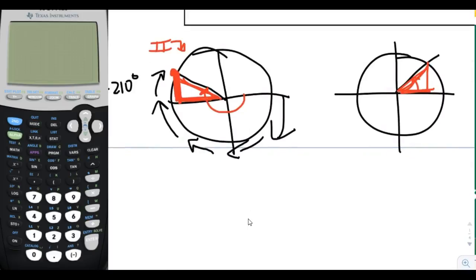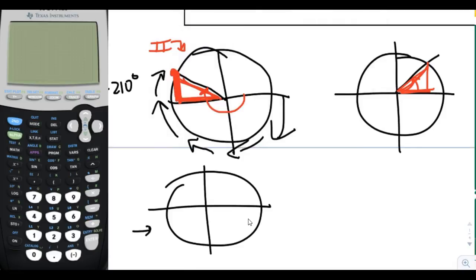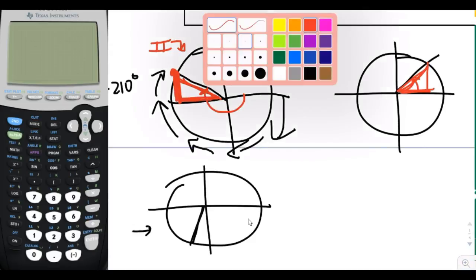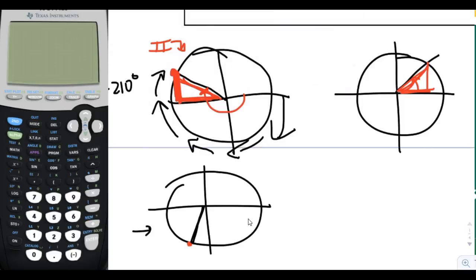What about quadrant 3? We are in this quadrant here, and let's say our angle is like that. Where is the reference triangle? We draw a vertical line from the point to the x-axis, and that forms our reference triangle for quadrant 3.